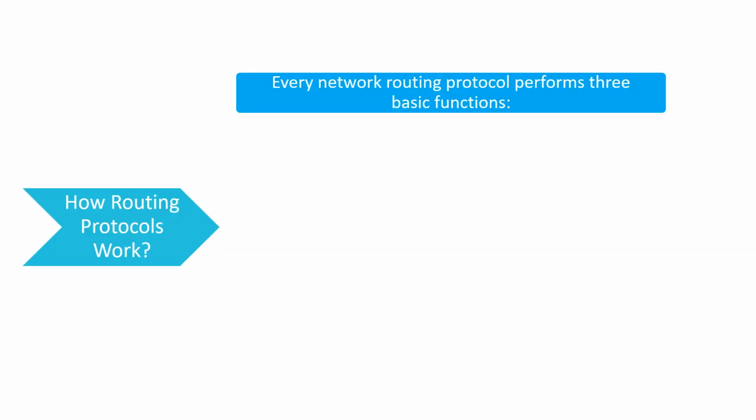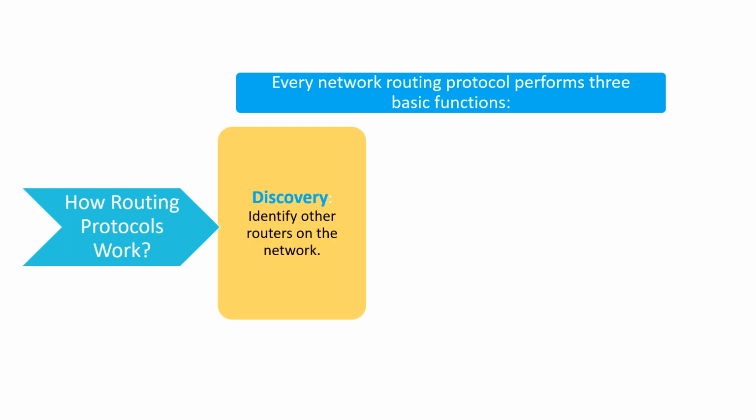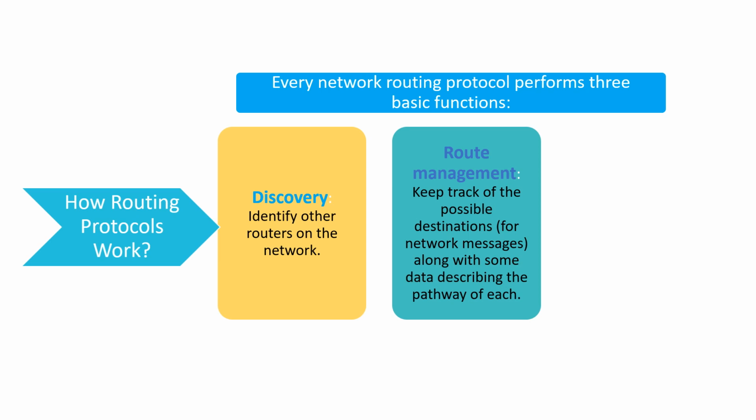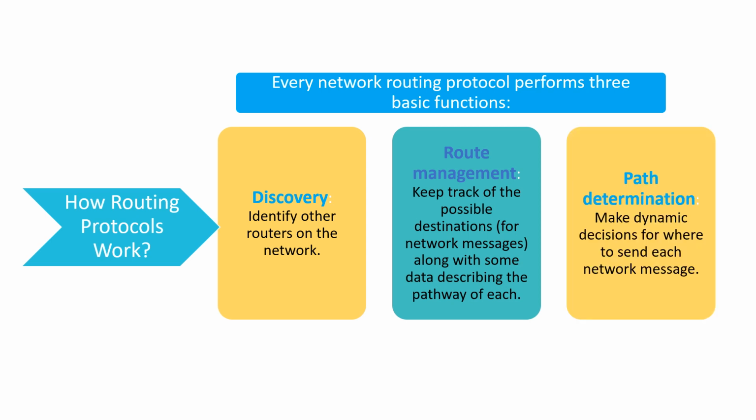Now we can see how routing protocols work. Every network routing protocol performs three basic functions: discovery, route management, and path determination. In discovery, they identify other routers on the network. In route management, they keep track of the possible destinations for the network messages along with some data describing the pathway of each.